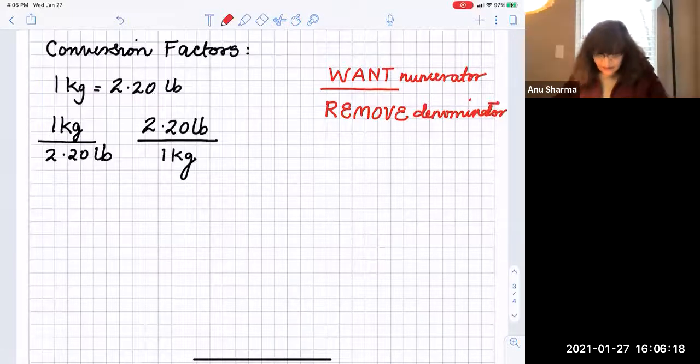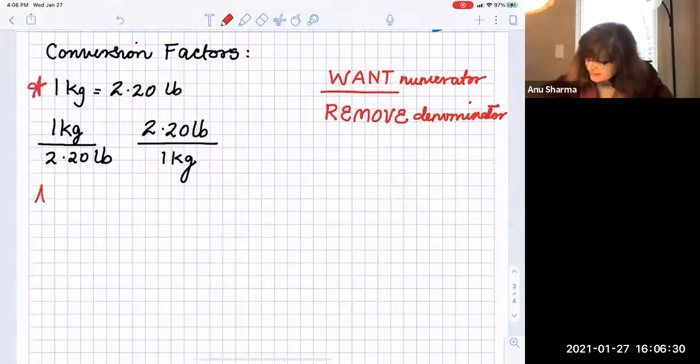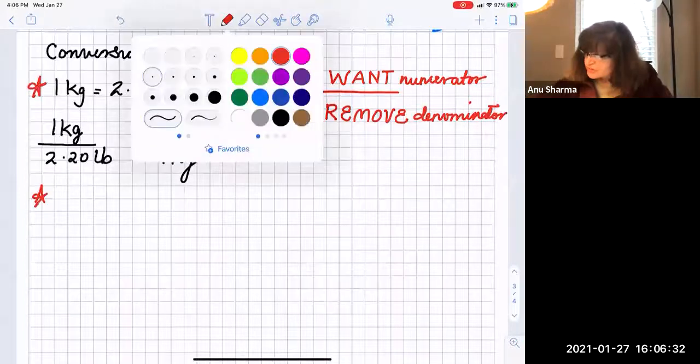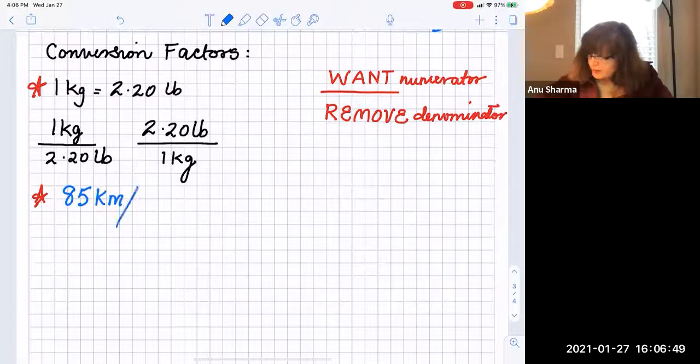Next is, if there are problems, so this is one type. The second type is where they are stated as kilometers per hour. Like, for example, the units that are coming from a formula, like this one, 85 kilometers per hour. How can you convert this into an equality?